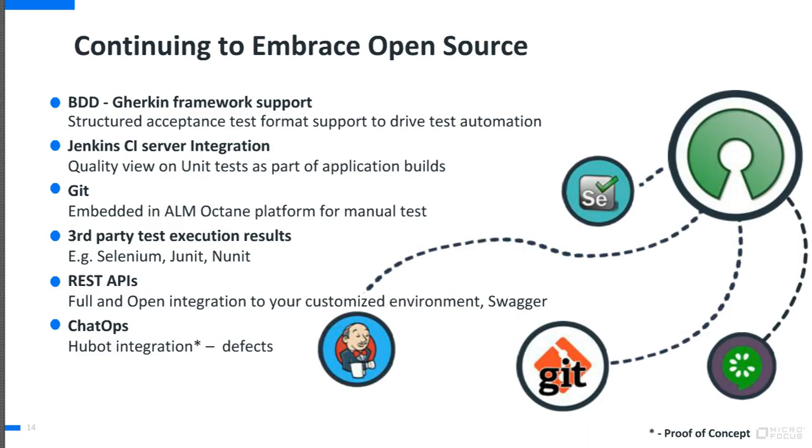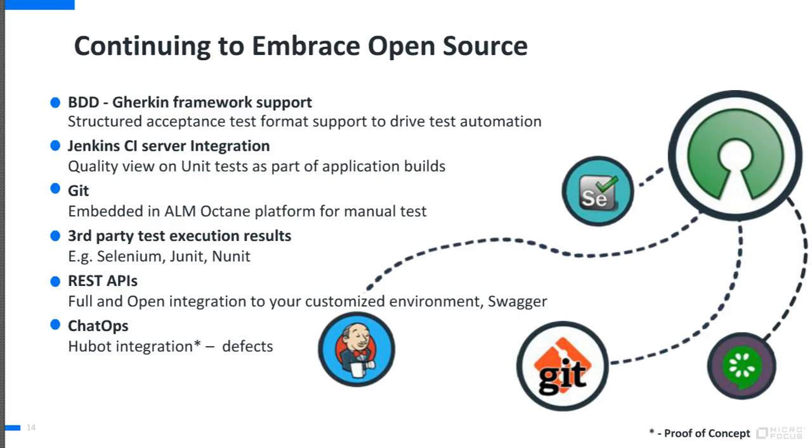In ALM Octane, starting day one, which is last year, we've supported that as what we call a Gherkin test. So native support for Gherkin is built into the product, where you can define a given-when-then scenario and actually run a manual runner-based execution to validate your user story or your feature.